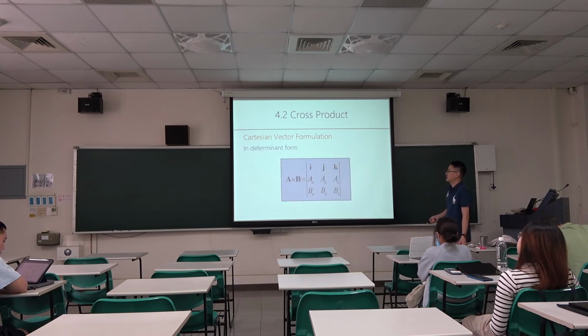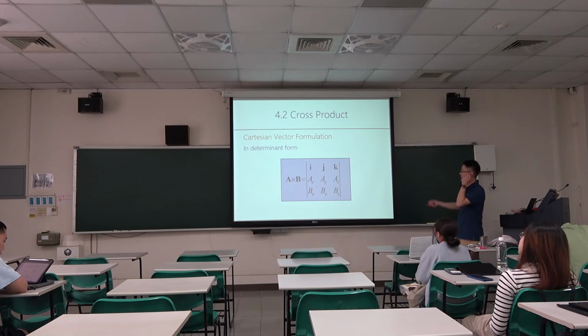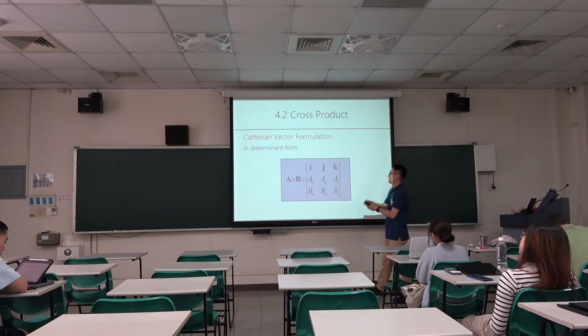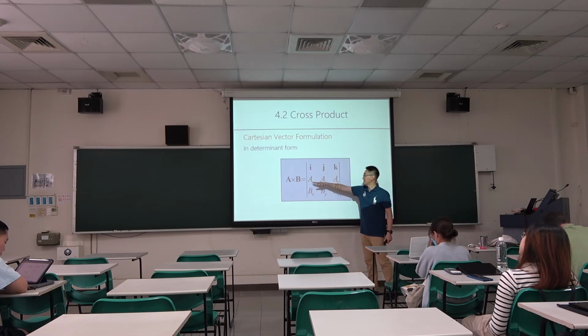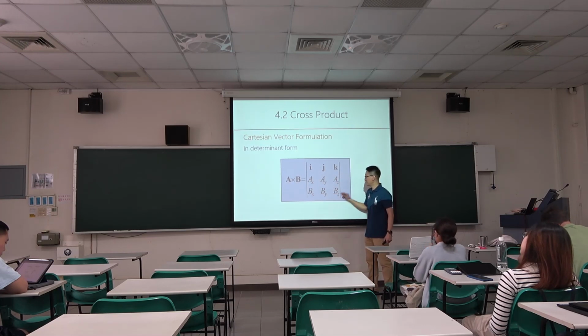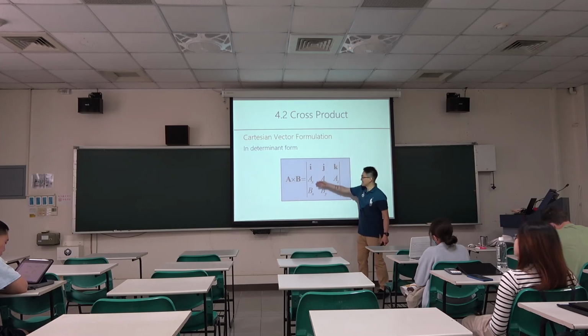Okay, we use this form to remember the cross product of two vectors. We list like this: i, j, k, then x, vector A components, vector B components. So you must list like this.